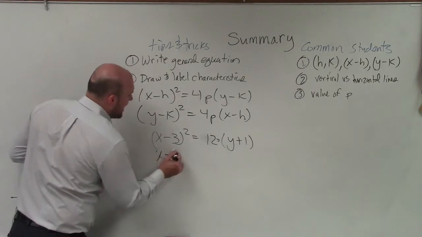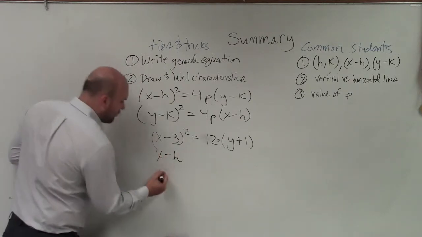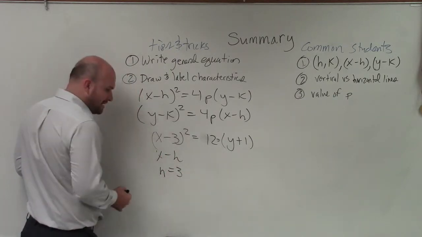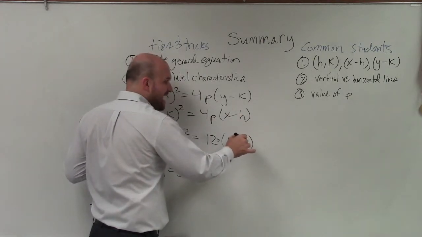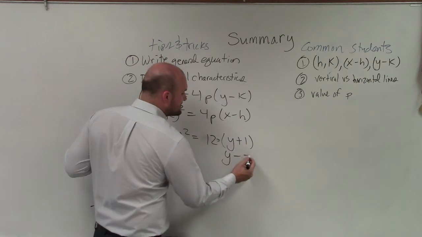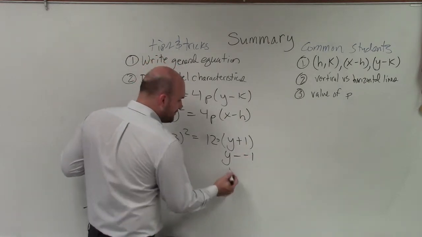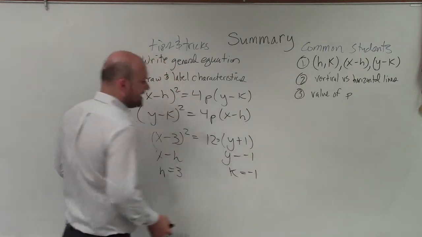Remember, it's x opposite of h. So therefore, h is equal to 3. And this is y opposite of k. So y opposite of negative 1. So therefore, k is equal to -1.